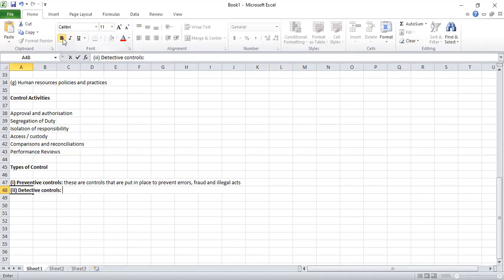These are controls that are put in place to ensure that the system can discover any discrepancies.